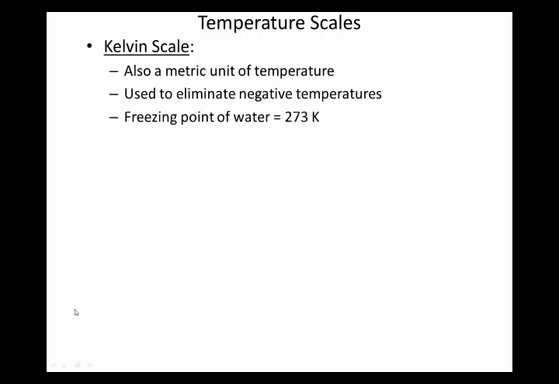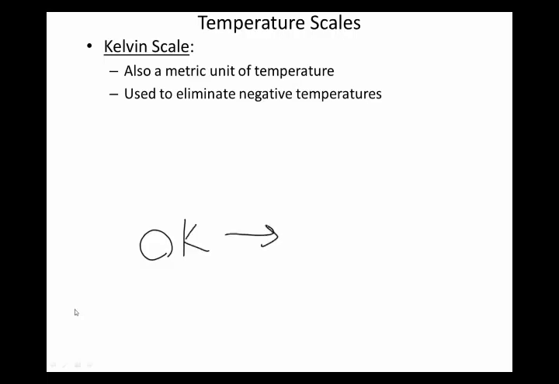So it was determined that the 0 point on the Kelvin scale is where there is no kinetic energy. Right? There's no kinetic energy at all. So 0 Kelvin is where there's no kinetic energy whatsoever.